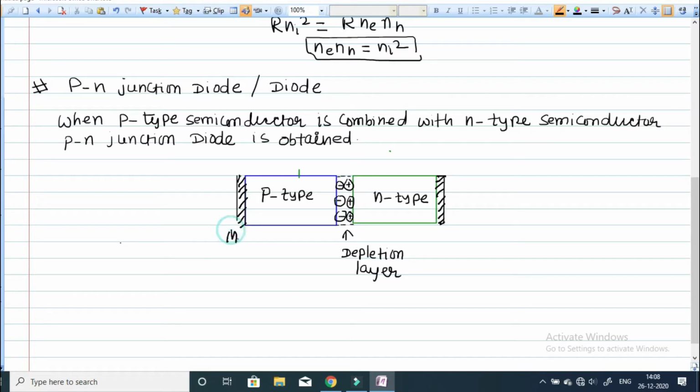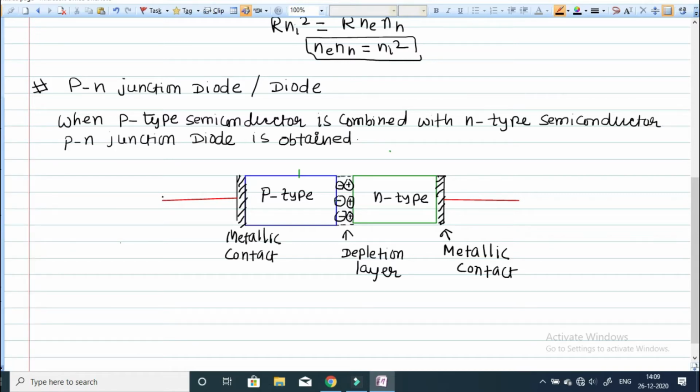This is your metallic contact to the p-type semiconductor. It is also your metallic contact. And from these two metallic contacts, connections are taken out like this. So this is the process of manufacturing of PN junction diode.